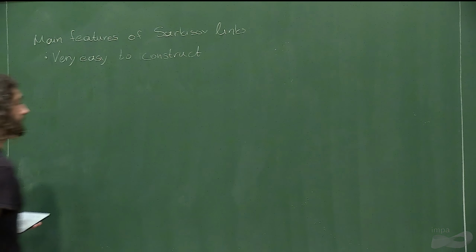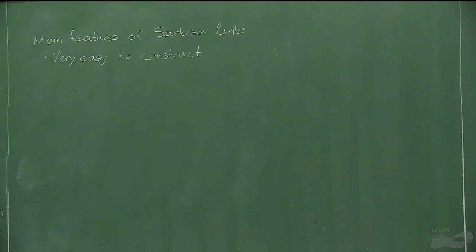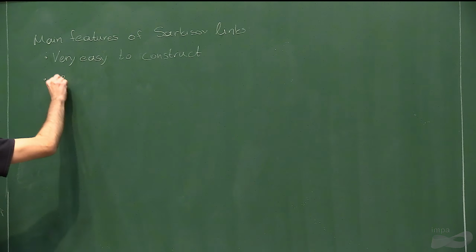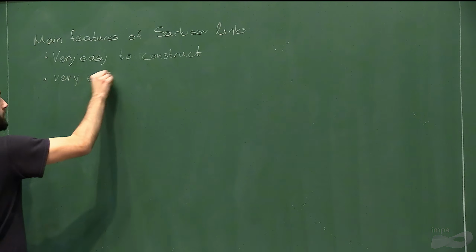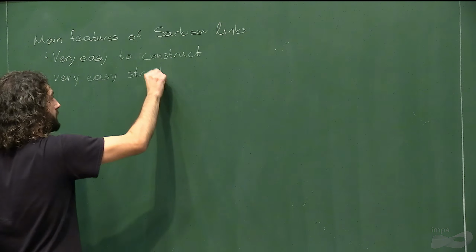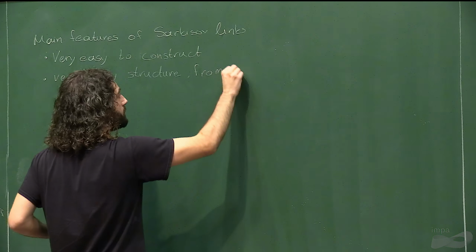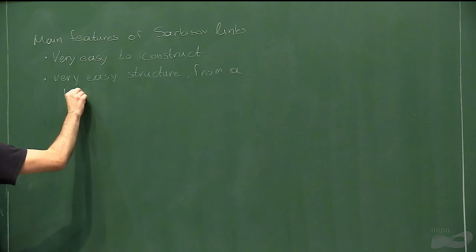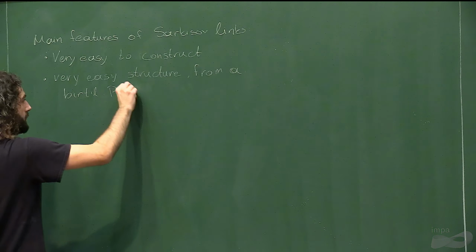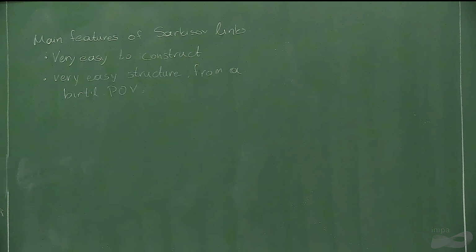Once you construct them, they have a very simple structure from a birational point of view, in the sense that it's easy to say what curves are contracted, what varieties are extracted, what the exceptional divisors of the map and its inverse are, and so on.